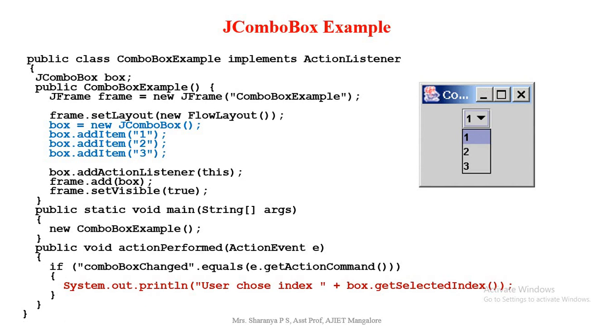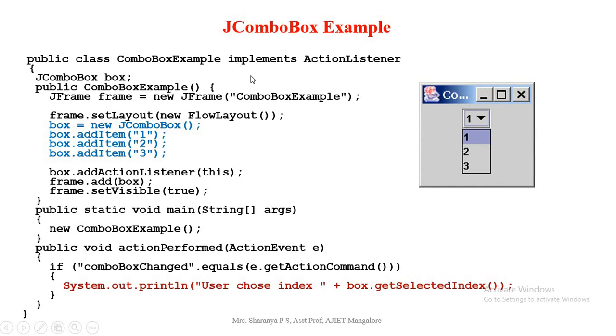Now let us see one simple example used for displaying the JComboBox with the event handling mechanism. Here we have defined the class name as ComboBoxExample and it implements ActionListener, so we have registered it in the very beginning itself.